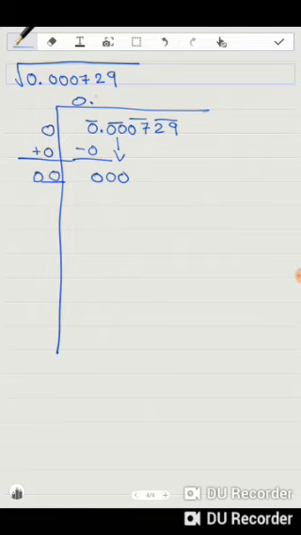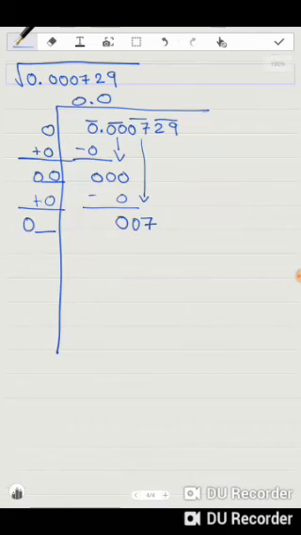So again 0 0s are 0. I'll subtract 0 and get a remainder 0. I add 0. That's it. Now I bring down 07. So now, the square of which number will give you a number less than or equal to 7? 2 2s is 4 because 3 3s is 9.